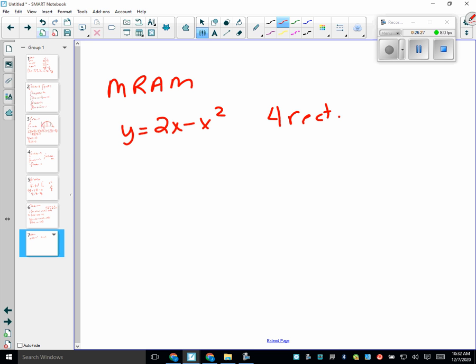Find area between the x-axis and the graph. Doesn't that mean that I want to know where my graph equals 0? So where does this equal 0? 0 and 2. Okay. So I am from 0 to 2. Right?